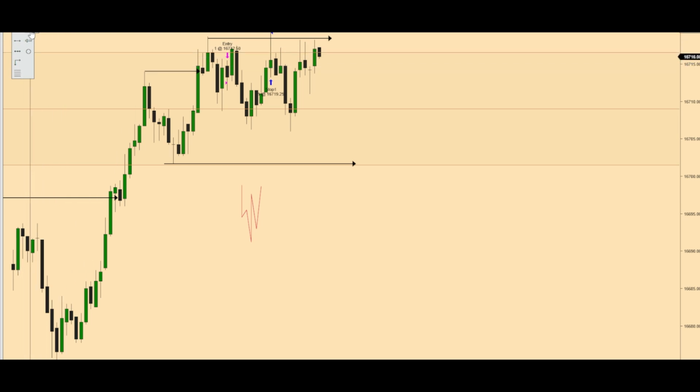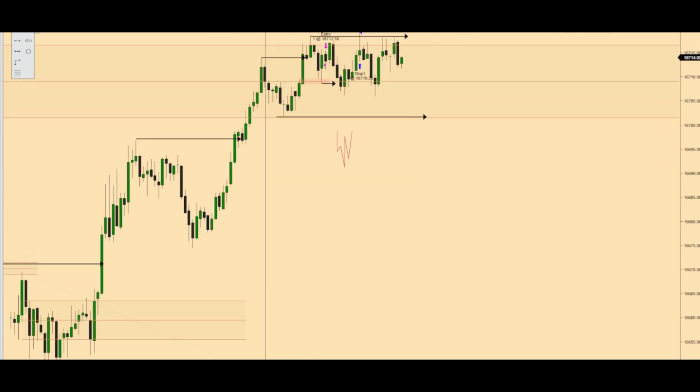And so on a lower time frame, I can see that we came straight into here, and then we swept it. So moral of the story is, oh wait, I could have still taken my setup, even though we're in a 60-minute supply, which is interesting.